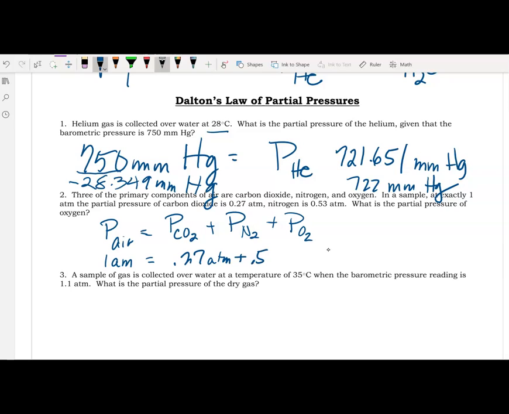Nitrogen is 0.53 atm. So what is the pressure of my oxygen? 0.20 atmospheres. You see how we did that?